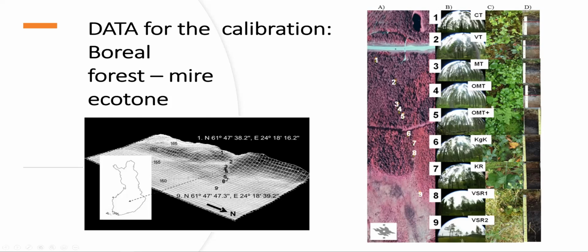So for example, look at these middle pictures, these are hemispherical pictures of the tree stand, and the more light there is, the fewer trees there are.